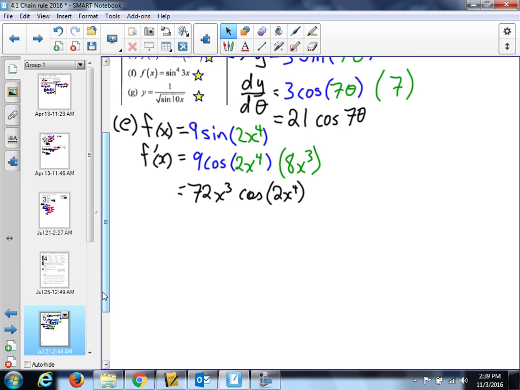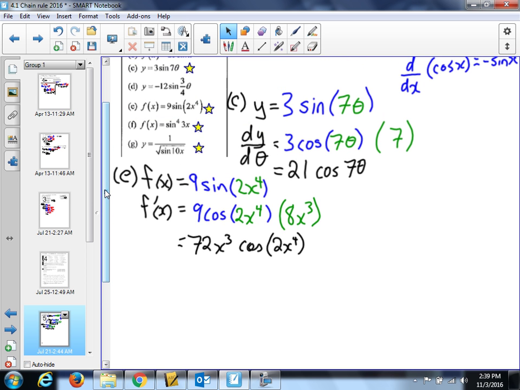Now, notation here before we do F. We have to understand, when you see something like sine squared x, what does that mean? If I said sine squared x plus cos squared x equals 1, what does sine squared x actually mean?